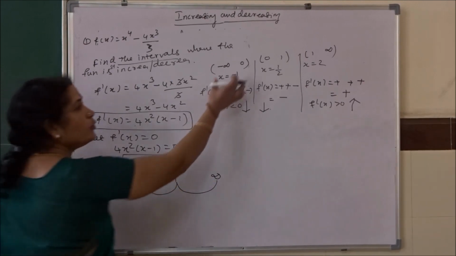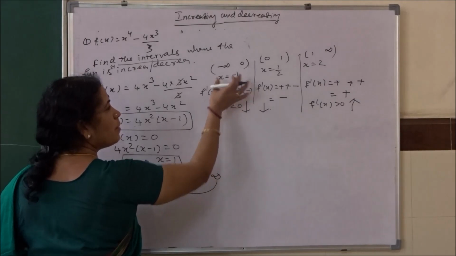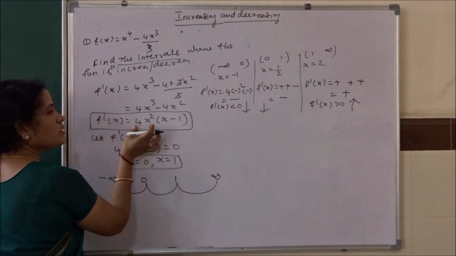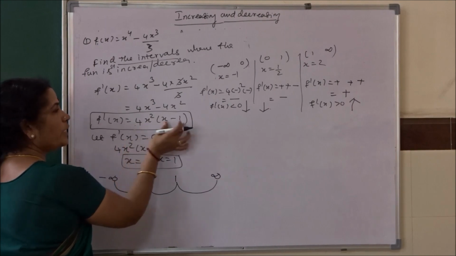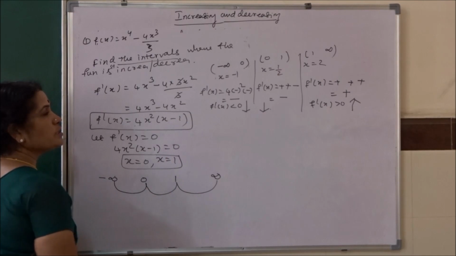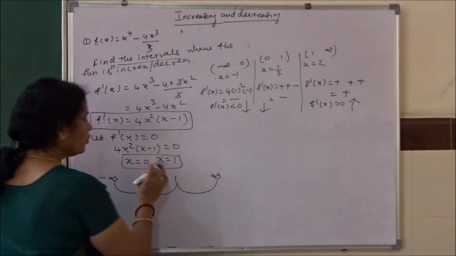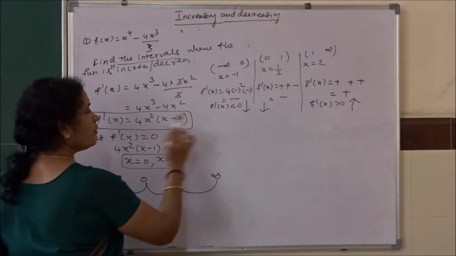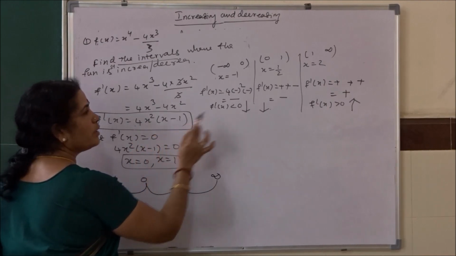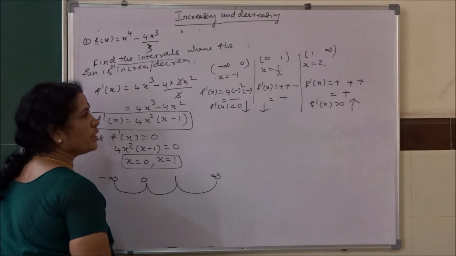In between you have to take any value, that is up to your choice. I am taking x equal to minus 1. Now substitute in f dash of x. This is positive, minus 1 becomes negative, we are getting less than 0, therefore it is decreasing. Again 0 to 1, in between we are taking half. I am keeping half square, positive, this is positive, half minus 1 becomes negative, this is also decreasing.